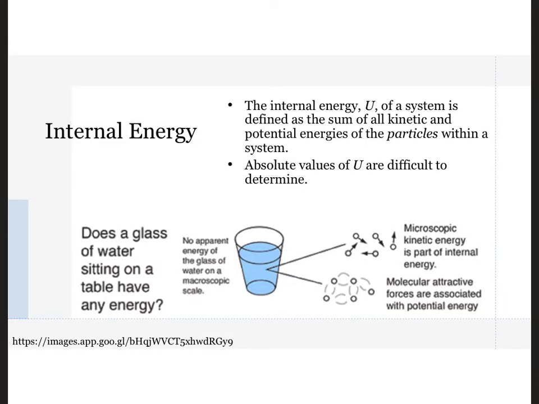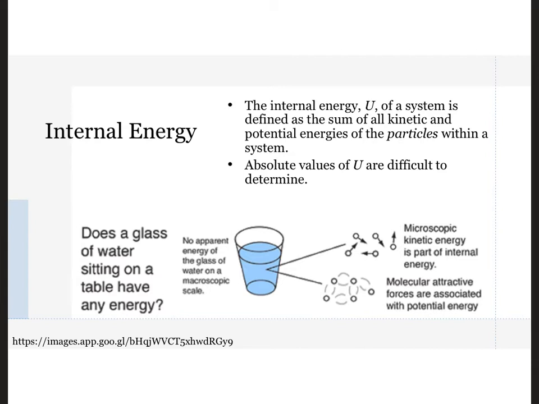Consider a glass of water sitting on a table. Does this glass of water have any energy? It may not seem so, but the system of the water and the glass does contain energy. We call this energy U, the internal energy of a system, and it is defined as the sum of all kinetic and potential energies of the particles within a system.